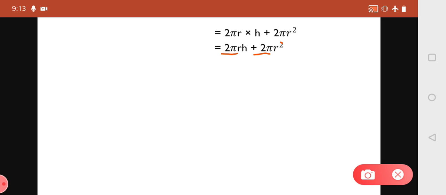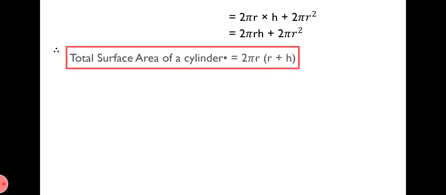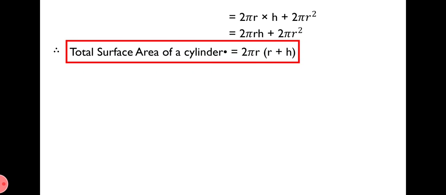Let us see what is left: 2 pi r common, and we get h plus r in bracket. Therefore, total surface area of a cylinder equals 2 pi r into r plus h. This is the formula to find the total surface area of a cylinder.